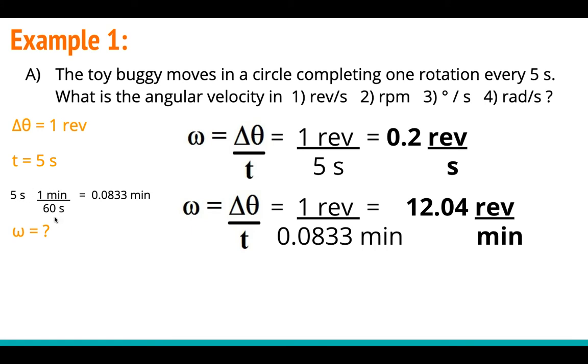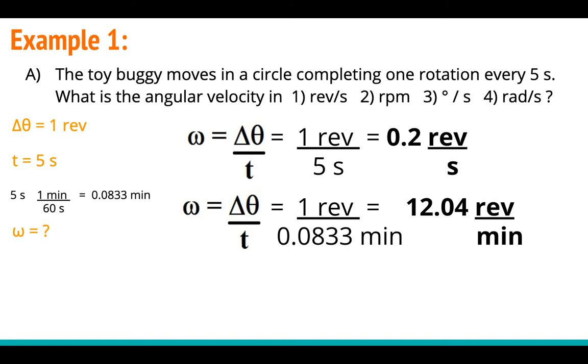Our seconds cancel out. We're left with just minutes. So 5 seconds would be 0.08333 minutes. So to get revolutions per minute, we're going to divide 1 revolution by 0.0833 minutes. And we get 12.04 revolutions per minute. Okay, so it makes 12 complete revolutions every 60 seconds, every minute.